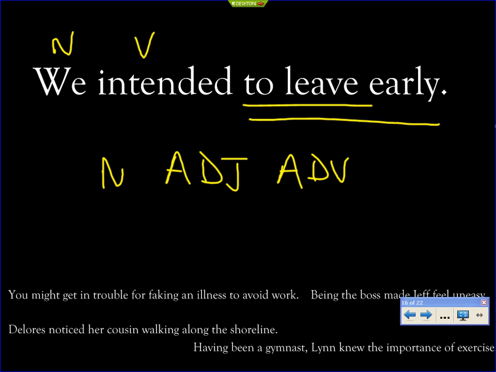Adverb, modifying how you intended. How did we intend to leave early? I'm not sure it's how. Why did you intend? I'm not sure it's why either. What did you intend to leave early?